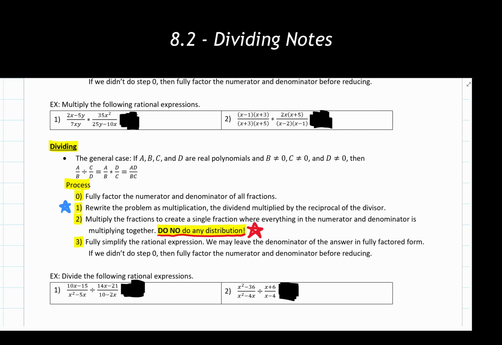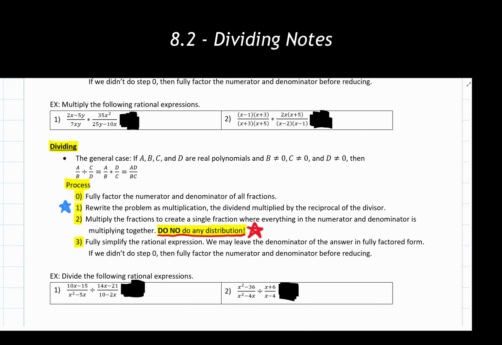Looking ahead, we are going to need to fully simplify this, which means we are going to need to fully factor it. If you distribute at that same time, all you're doing is making the fully factored form of an answer even harder to get to. So we leave everything separated, spaced out, and then we go through and simplify.